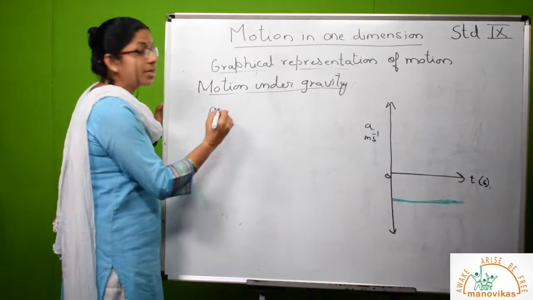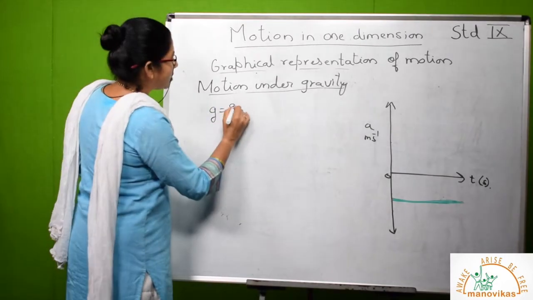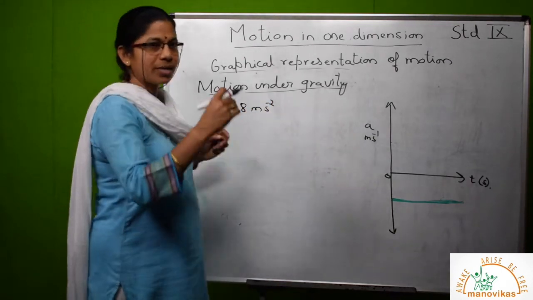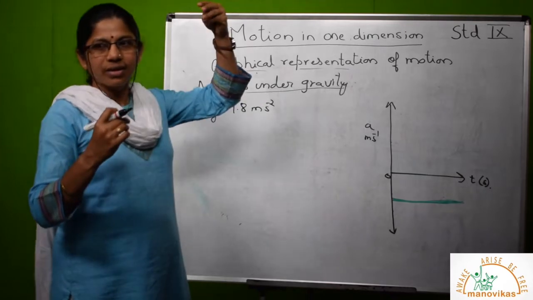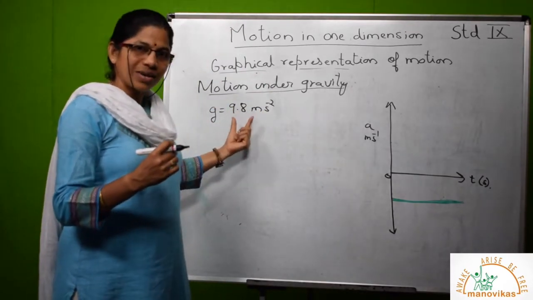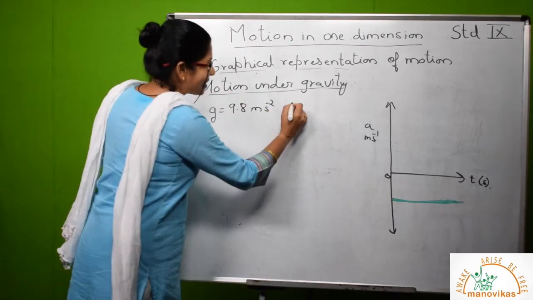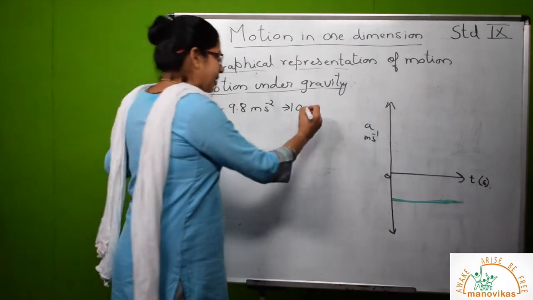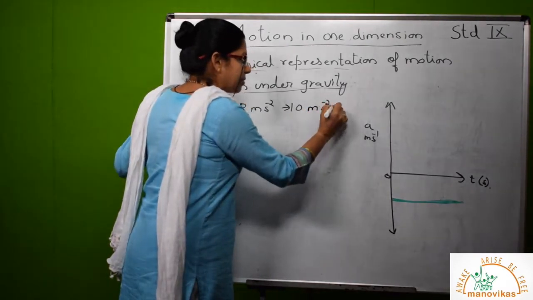It is denoted by g, which is equal to 9.8 meters per second squared. When an object is released and it is falling with an acceleration of 9.8, usually for problem solving purposes we take it as 10 meters per second squared.